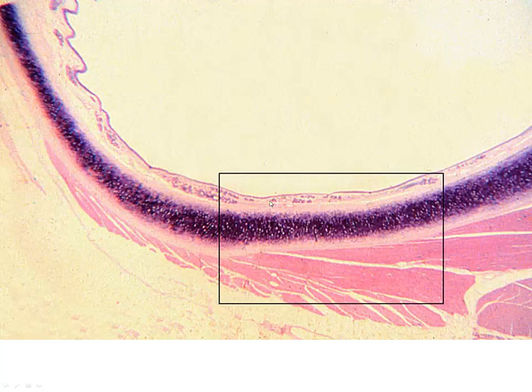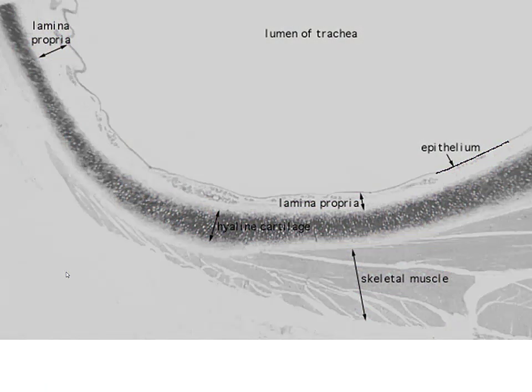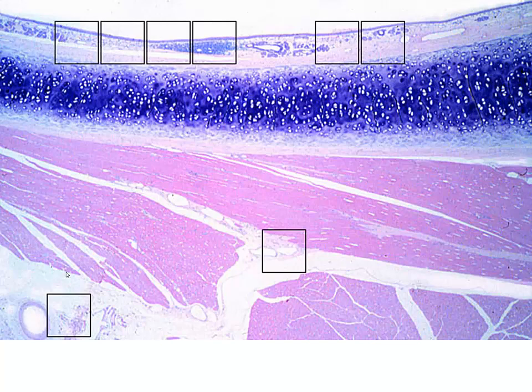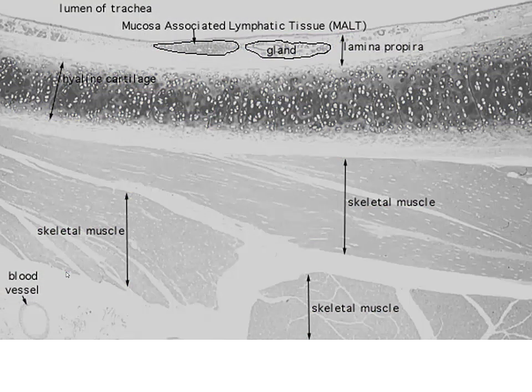Those are some terms that we're using, but we're just going to look at those connective tissue spaces as we move through this. So there's the lamina propria that you see, and that's where we're going to be looking at our connective tissue. All right, a little bit higher magnification looking in here. Again, we're going to be focusing on the lamina propria.